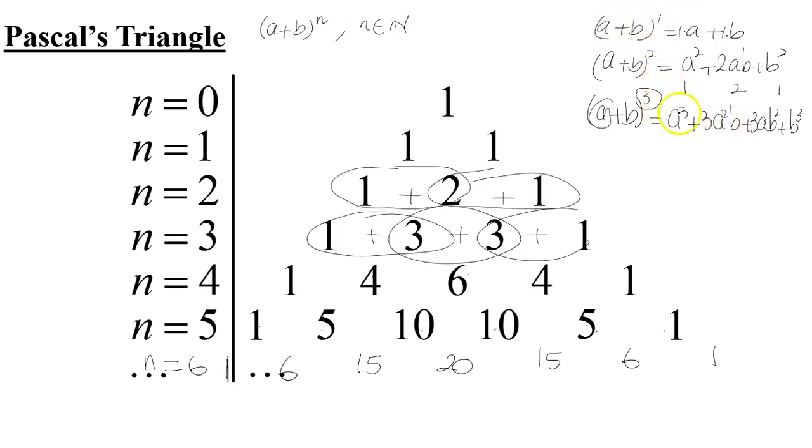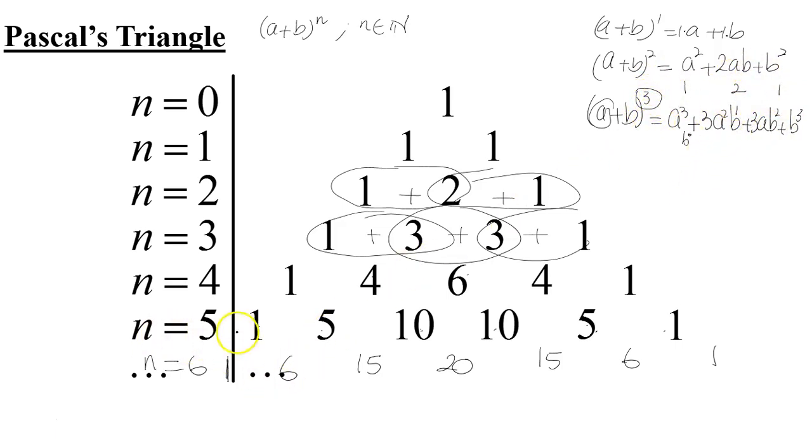Then for the rest of the terms, the exponent of a starts decreasing by 1 until it gets to 0 and is not there anymore, because a^0 is 1. And as for b, it starts with b^0, and then it starts increasing until it reaches n in the last term.